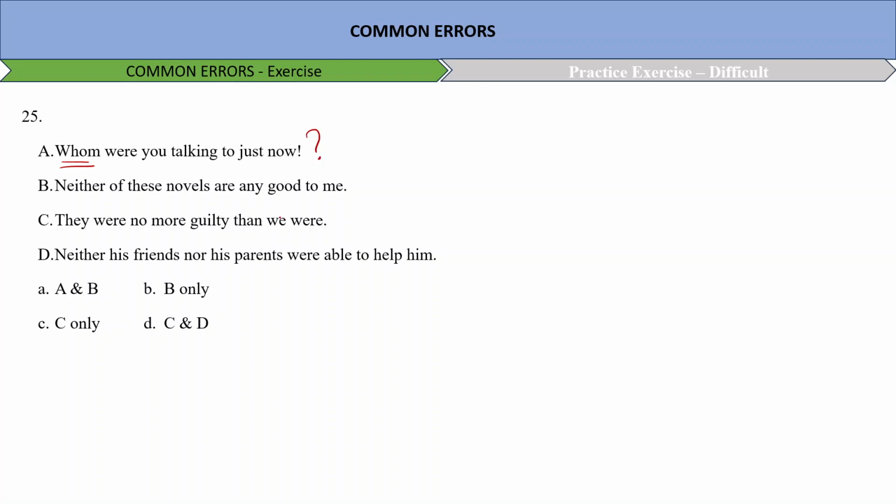So this is appropriate. Neither always takes a singular verb, right? Neither of these novels is any good to me. And these two sentences are correct. Hence, the answer is option number D.